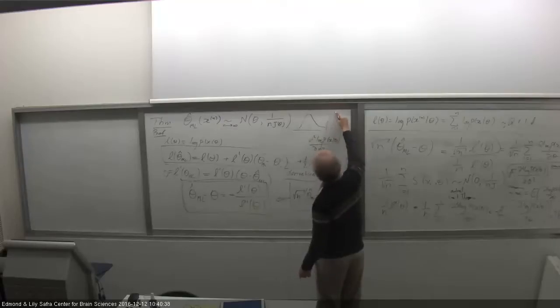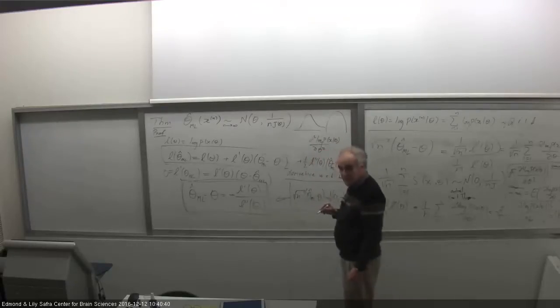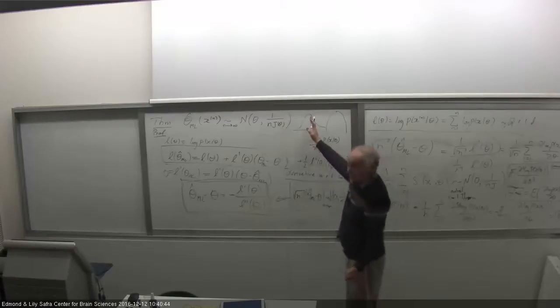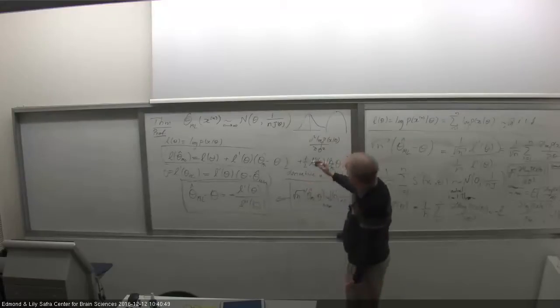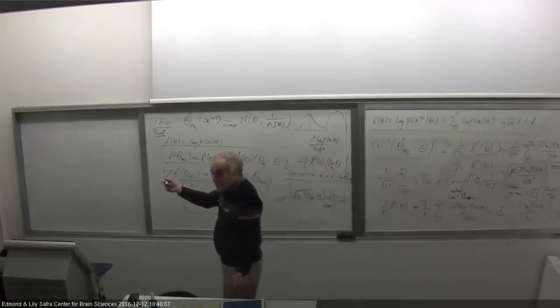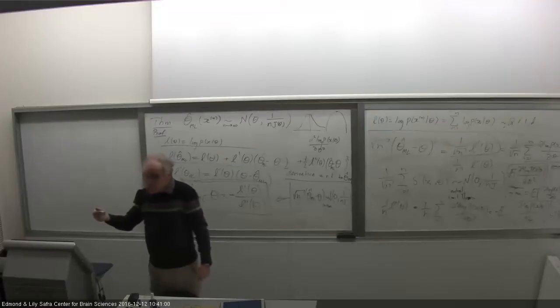The log of a Gaussian is a parabola, an inverse parabola. The peak of this is exactly at the mean, which we know is 0 after we subtract because it's consistent. It's unbiased. The width of the Gaussian is exactly 1 over the second derivative.